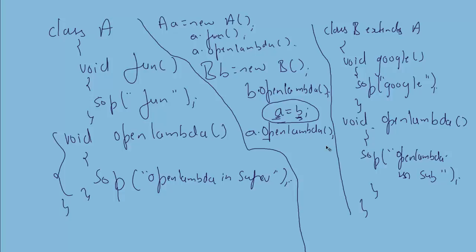I'll start writing one more program to make you understand the overriding concepts. Let us start writing class area, int w, int h. There is a constructor.